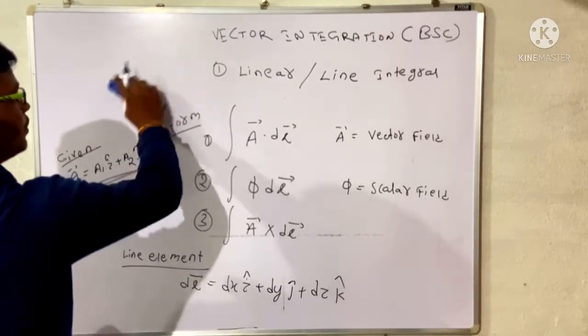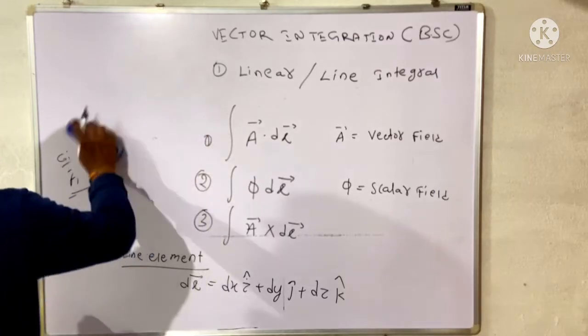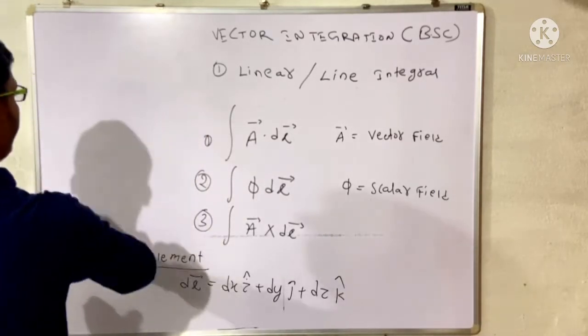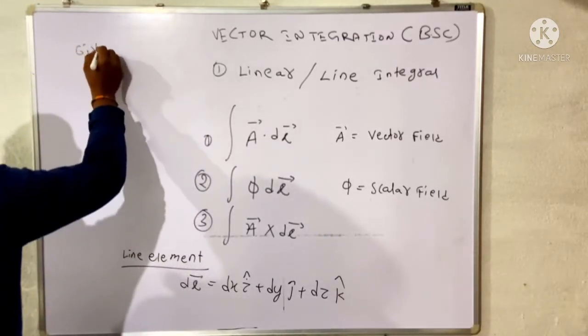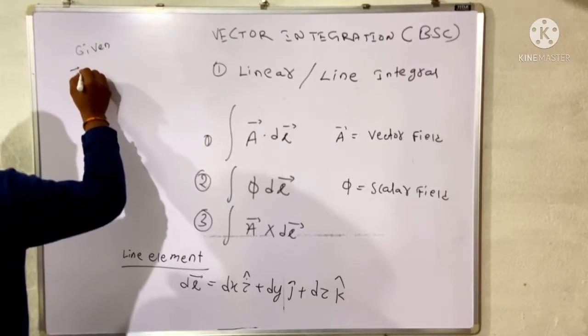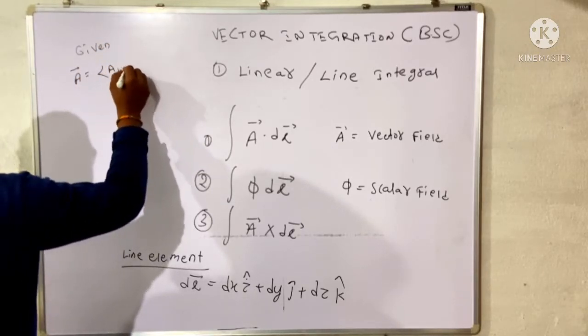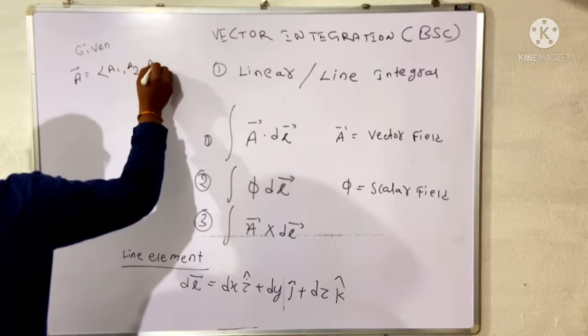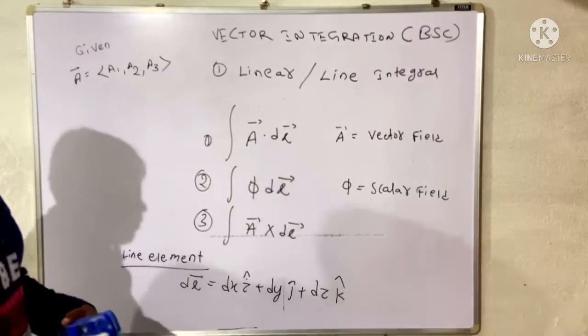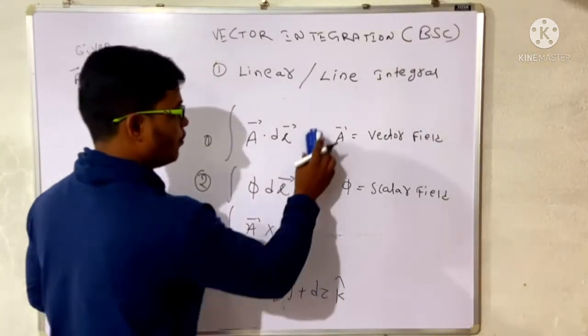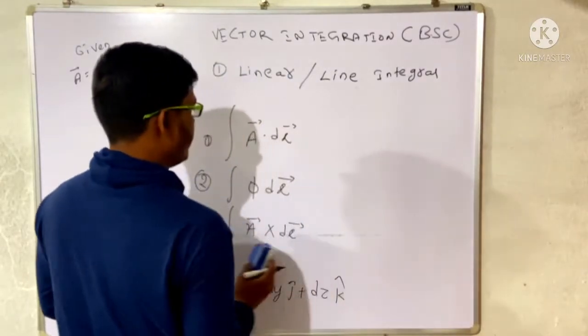Suppose the a vector is a vector field, a1 i cap, a2 j cap, and a3 k cap. This is given to you. So what will be a dot dl? That is the first one.